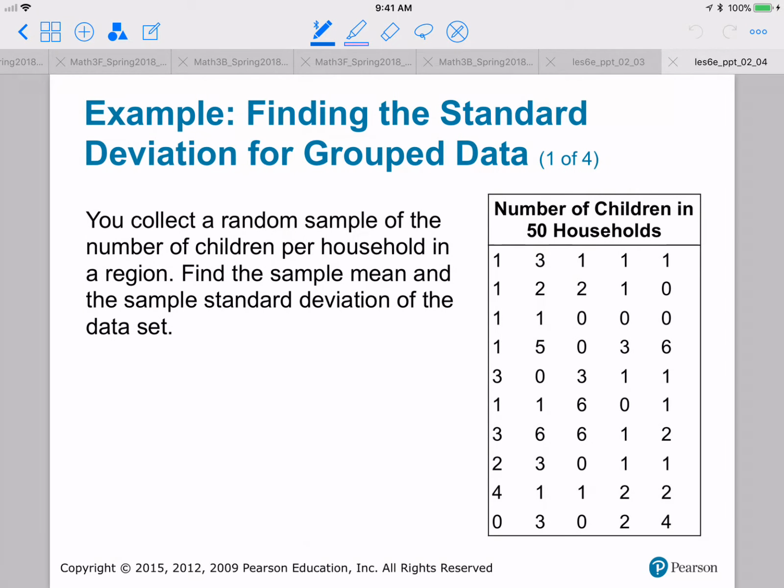So we have to see how many zeros we have. 1, 2, 3, 4, 5, 6, 7, 8, 9, 10.